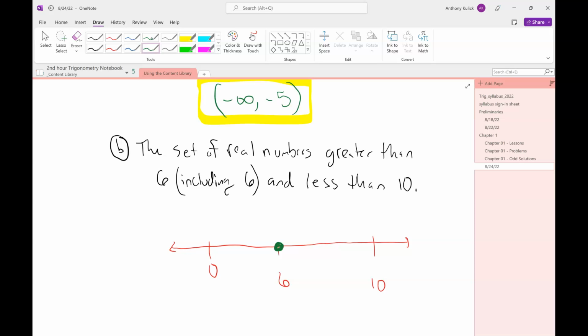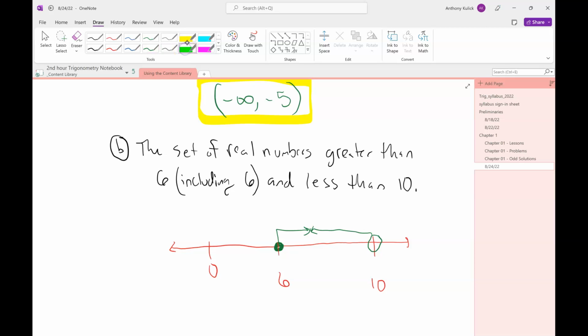So which way is my arrow going to be going? Right. To the right. Okay. And then my other inequality is less than 10. So at the 10, I'm going to have an open circle or a closed circle? Open. And which way is my arrow going to be going? Left. So really, those two are meeting together.